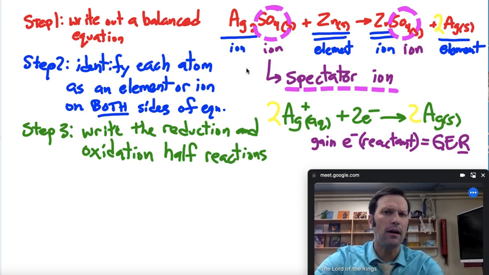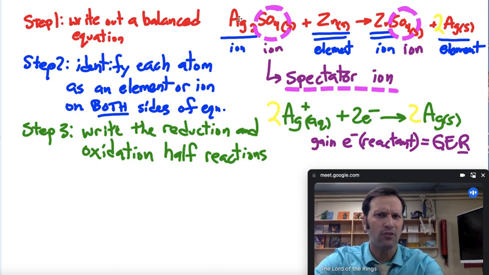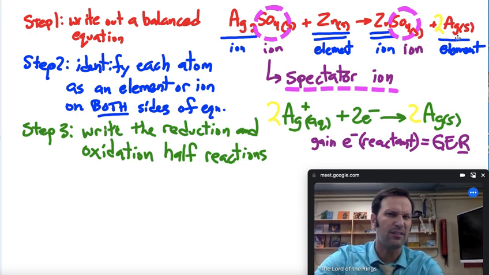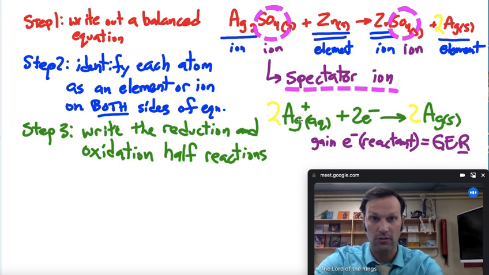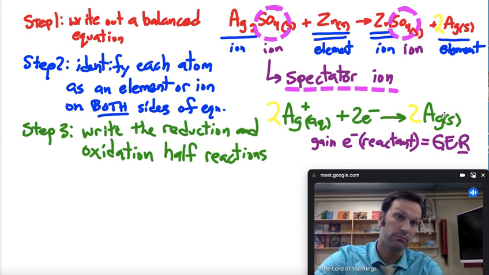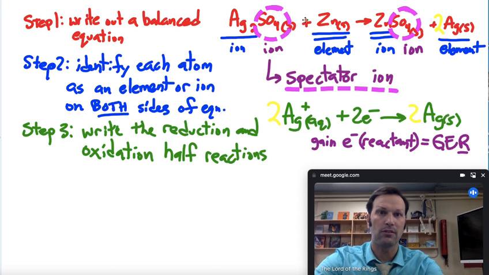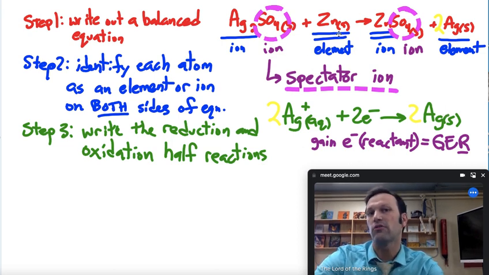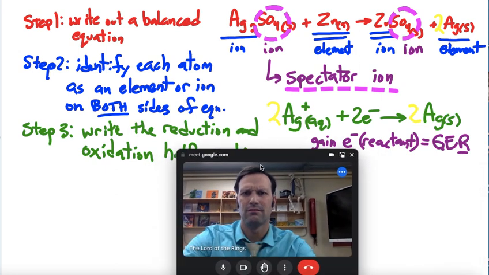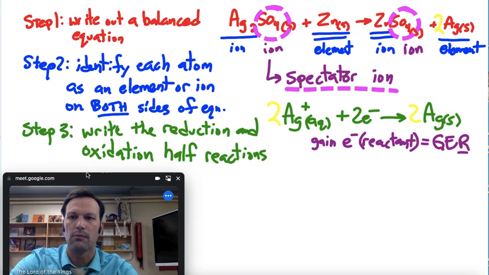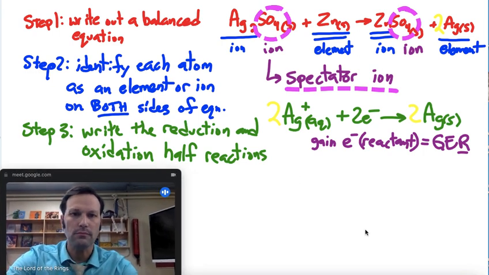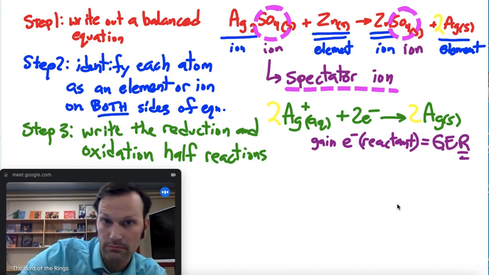Again, you have to remember it starts as an ion and finishes as an element. So in this half reaction, it starts as an ion and gains electrons. This is a half reaction because this is part of the giant whole equation. Now we have the other half reaction, of zinc.